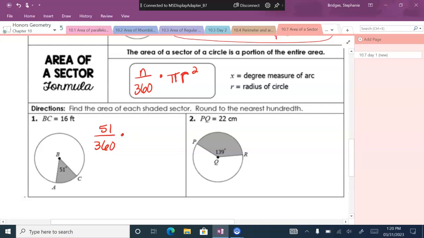What is BC? It tells me up the top BC is 16 feet, but if I'm looking at my picture, what part of the circle is that? It is my radius. So we're going to go pi times my radius squared. Now I think 51 over 360 simplifies a little bit, so I'm going to put it in my calculator, and it goes to 17 over 120.